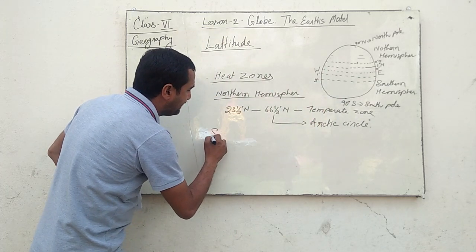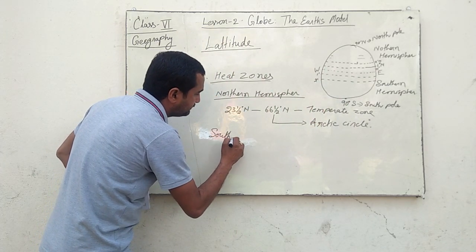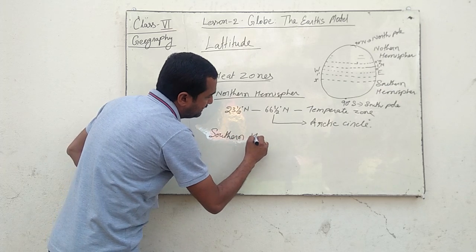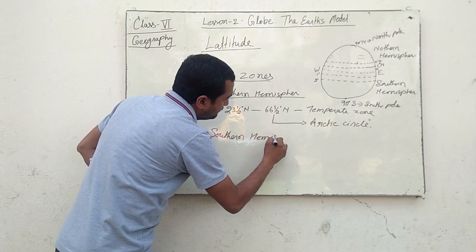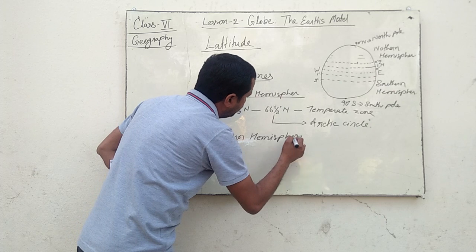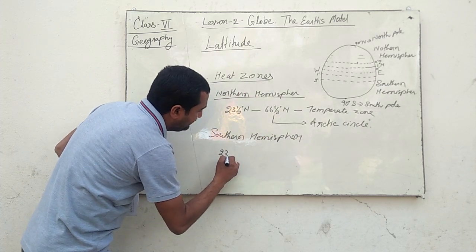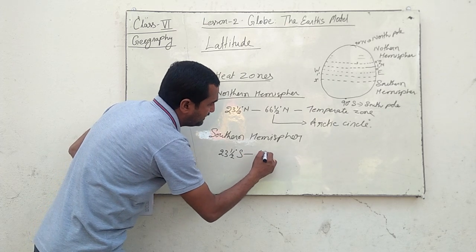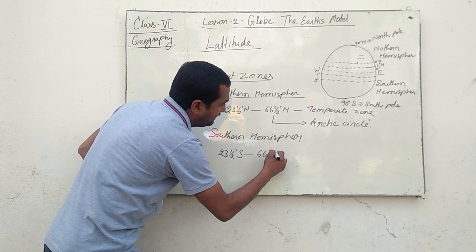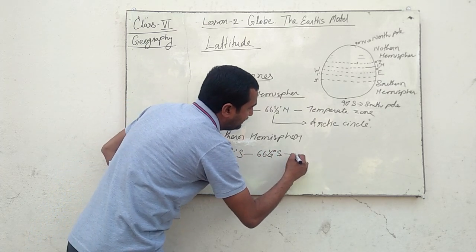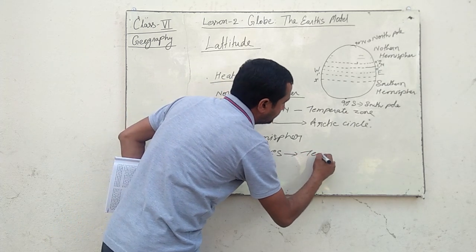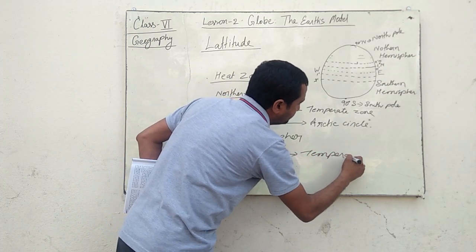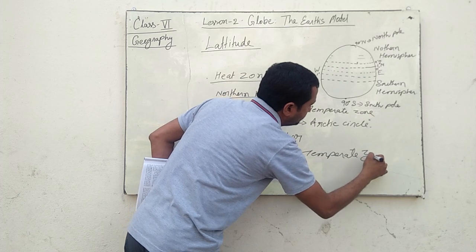Similarly, in the southern hemisphere, 23.5 degree south to 66.5 degree south is called temperate zone.